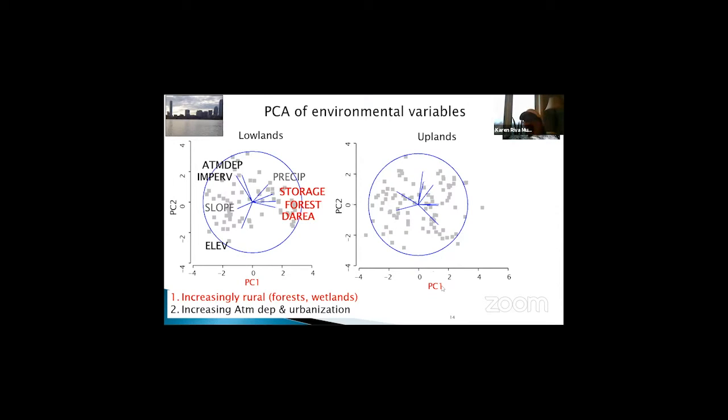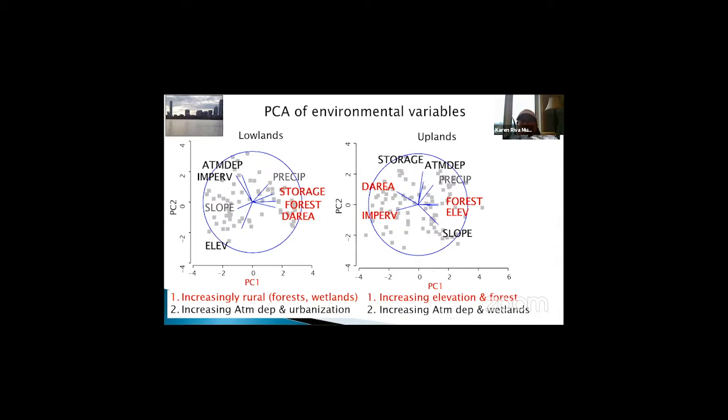In the uplands, we see two primary gradients. The primary gradient is a shift from more developed to more forested sites in higher elevations.